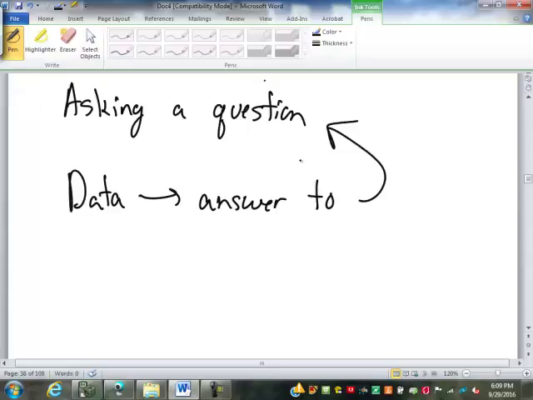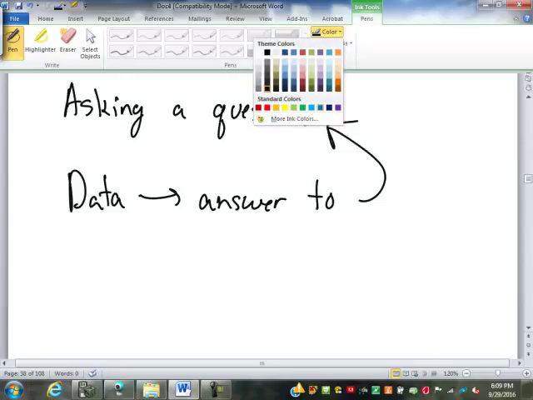The question might be, what's your favorite color? The question might be, what is your age? It might be, what's your GPA? How many classes are you taking? Do you like your major? All sorts of different questions. The answer to that question is the data that we're going to gather.